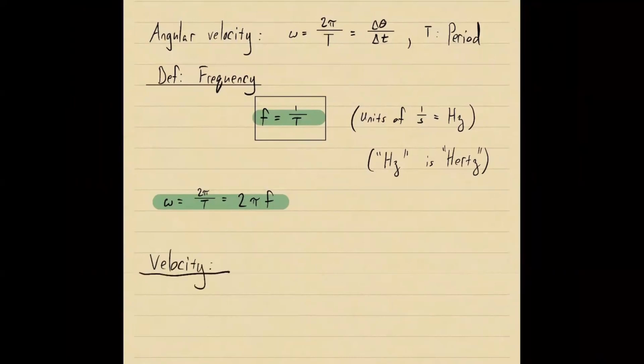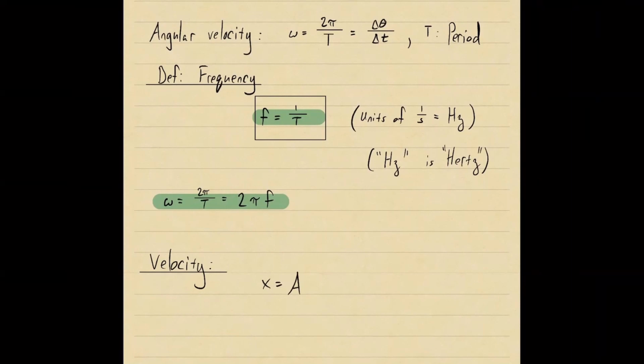It's velocity now. So we know that, let me just rewrite this here, our displacement is given by the amplitude of the uniform circular motion times cosine omega t.